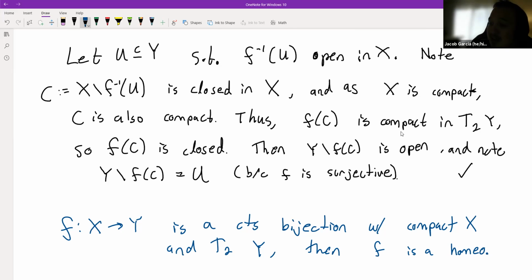Well, this is a closed map for exactly the argument we just did: a closed subset of a compact space is compact, the image of a compact set is compact, and a compact set in a T2 space is closed. Therefore, the image of a closed set is closed. So the proof is remarkably similar, but this is a very useful thing to know.